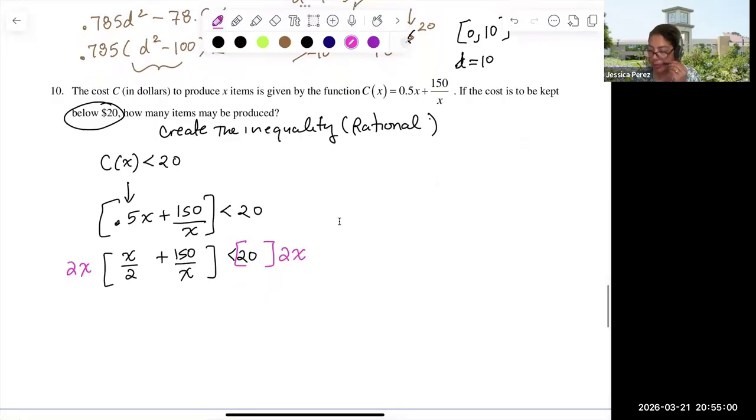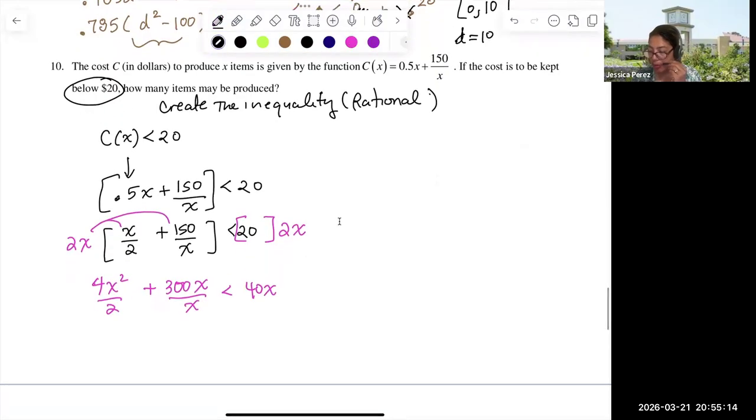So then if I multiply by 2x, I'm going to have 4x squared over 2 plus 300x over x less than 40x. Now here I'm going to have 2x squared plus 300x less than 40x. Oh, sorry, let me go back here.